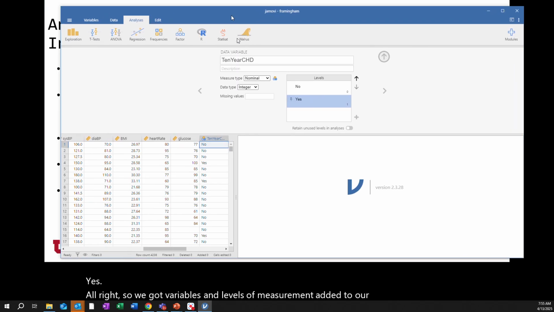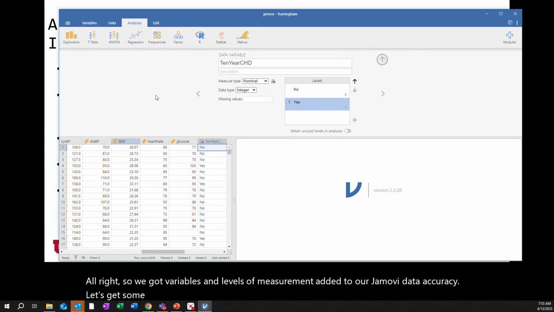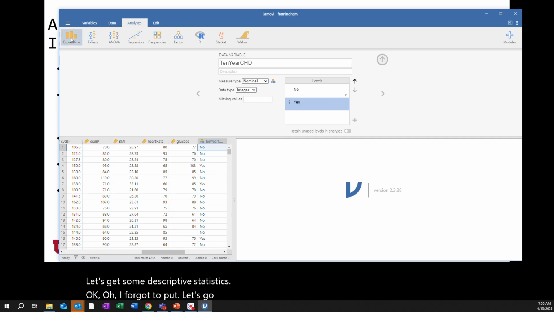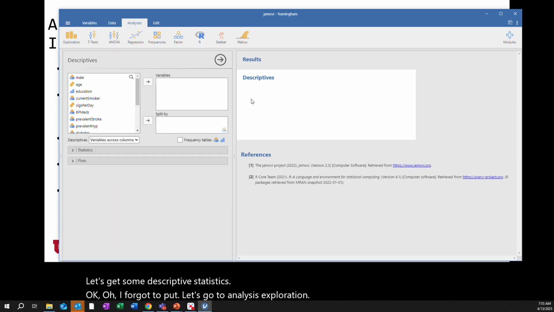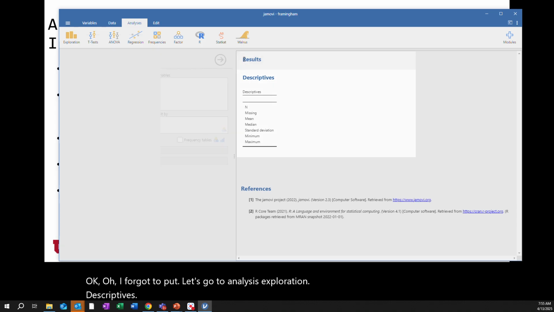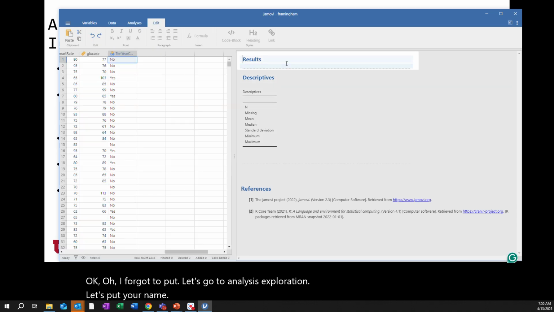Data accuracy. Let's get some descriptive statistics. Okay, let's go to analysis, exploration, descriptives. Let's put your name here at the top of the results.